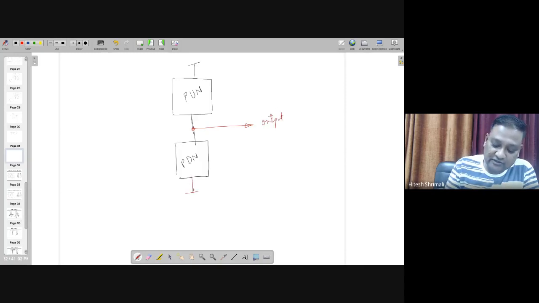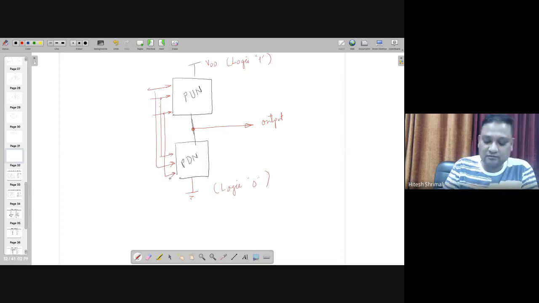This is generally VDD, or you can say logic 1, and this is logic 0, and inputs are here, and the same set of inputs might be here.